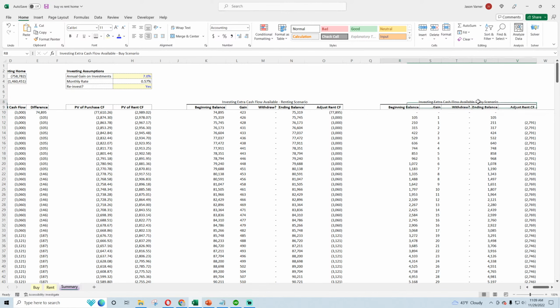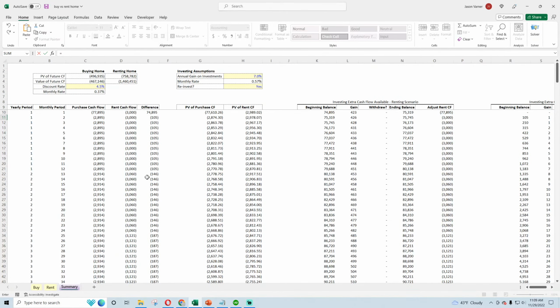So if I am in the purchase scenario, my adjusted cash flow is, obviously I have to pay my mortgage and all those expenses, plus, if this is less than 0, which it is, that means the difference is greater.